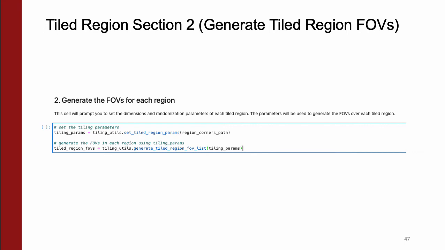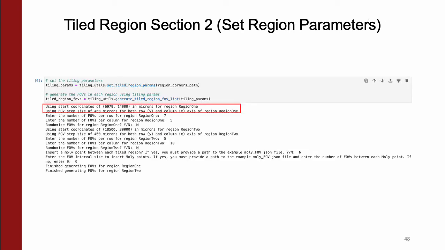And that moves us on to section 2, where you'll set parameters for each region before generating the FOVs. This will include verifying the coordinates of the top left FOV and the size of each FOV for the particular region, setting the FOV dimensions of the region, both number of FOVs per row and column, and setting randomization parameters.